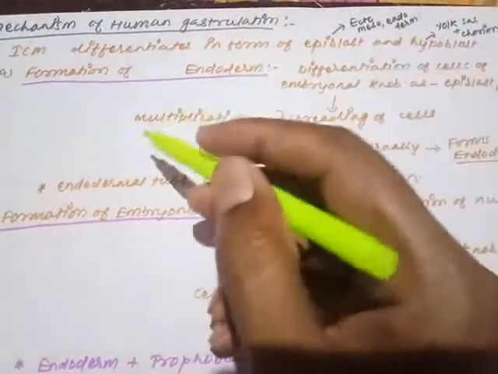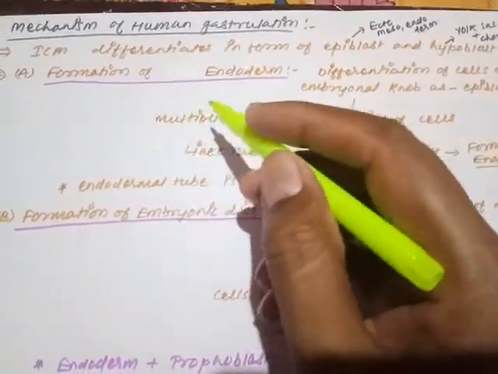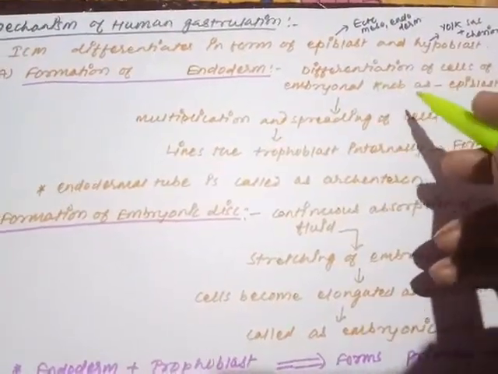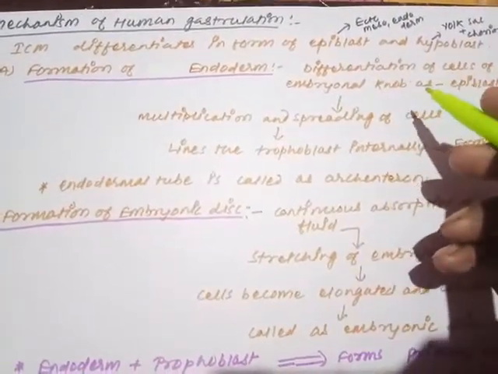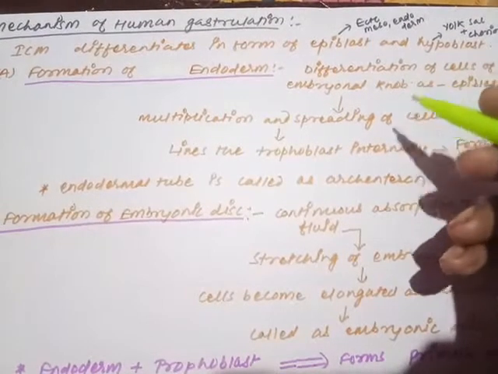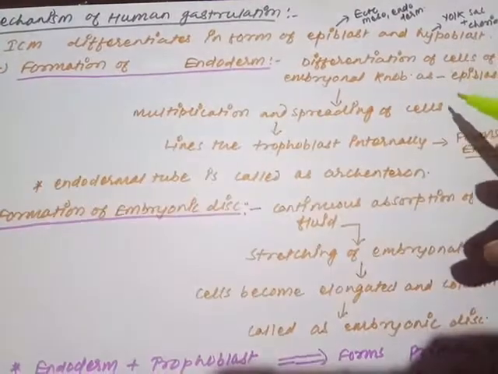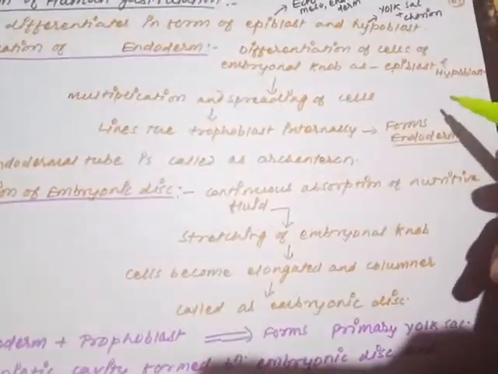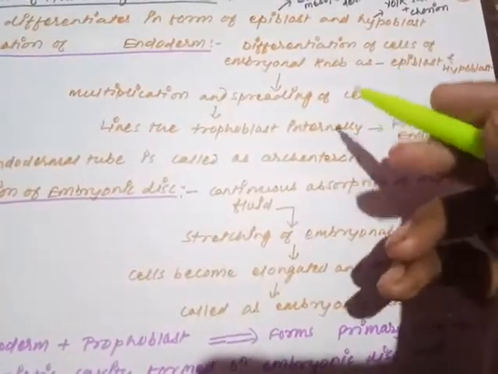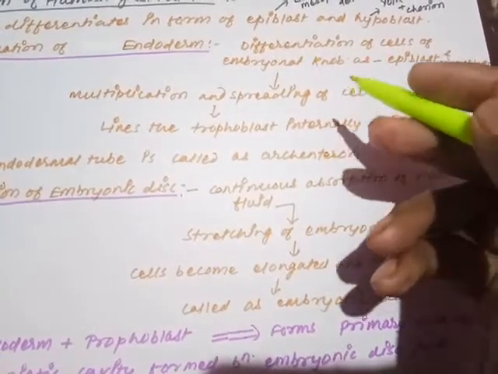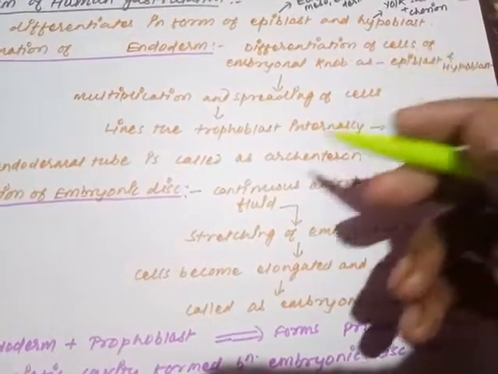Okay, moving on to the next, how the endoderm is produced. So, formation of endoderm. First of all, the differentiation of the cells of the embryonal knob will occur. Differentiation of the embryonal knob means what? They are just going to differentiate into two layers, epiblast and hypoblast. The upper layer is called epiblast, the lower layer is called hypoblast. After differentiation, epiblast is going to multiply and proliferate again and again.